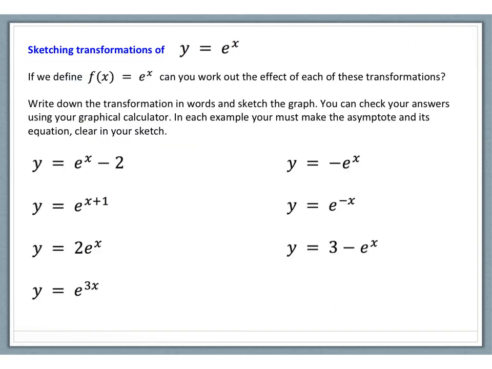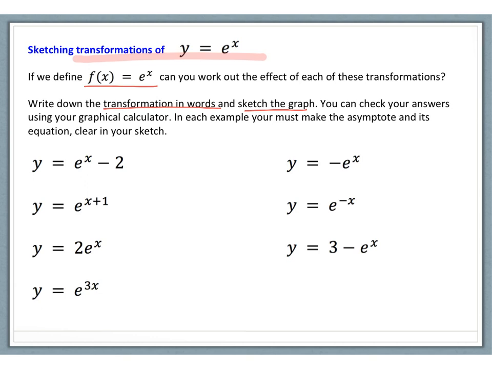So what can we do with our exponential function? Well, one thing that we can do is explore some transformations of this. So I'm going to define f of x as e to the power of x, and you're going to work out what the effect of each of these transformations is. In each case, you need to write down the transformation in words using the correct mathematical terminology and sketch the graph.